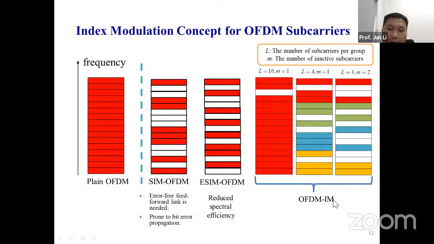But for the OFDM IM, it will not be that complex. It only needs to detect these two subcarriers, the first two, or the last two, or the second and the last, which means the detection complexity of the IM will be largely reduced. We will see this detection method later.